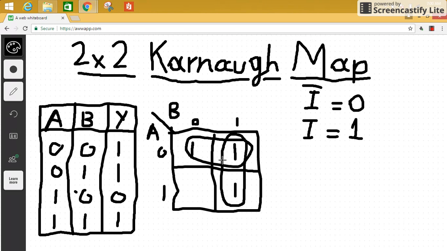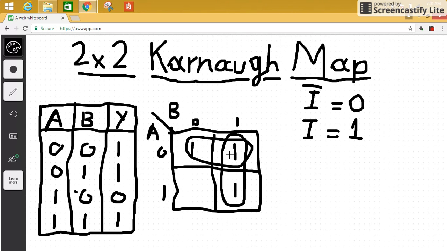Now we have to write the Boolean equation for this. We see that for this horizontal pair, B is actually changing. That is, B is equal to 0 and B is equal to 1, whereas A equal to 0 is constant in both these inputs for the particular pair.